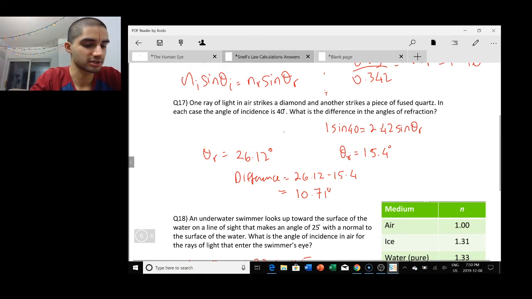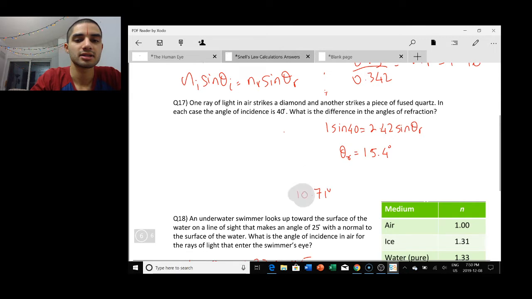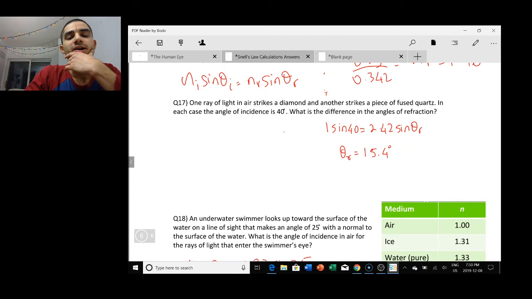How many lens equation questions? I think there will be two. Oh, lens equation, that's a good question.